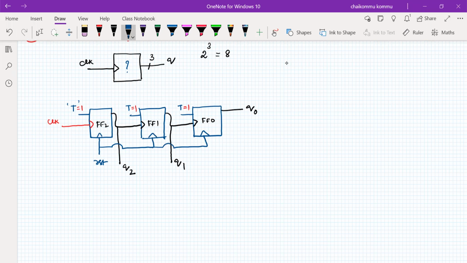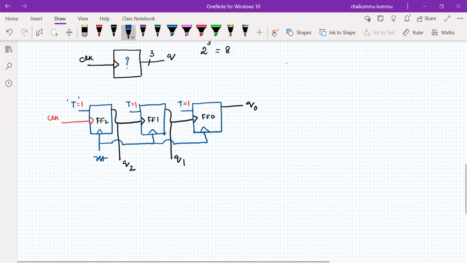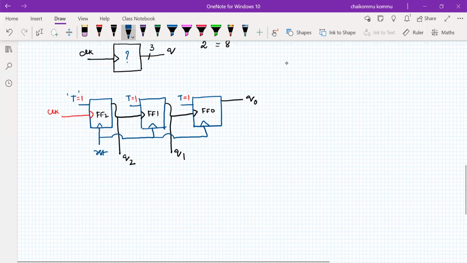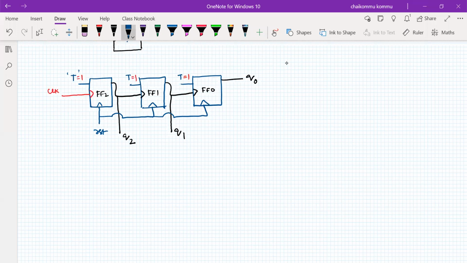Then the flip-flop content will be a known value, equal to 0, and by giving the clock signal, the counting will happen. Before writing the structural modeling for this one, first of all we should know what a T flip-flop is. So T flip-flop is something like this.